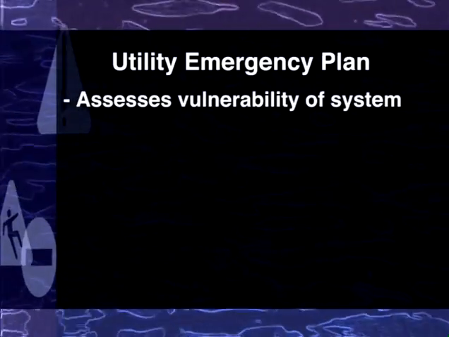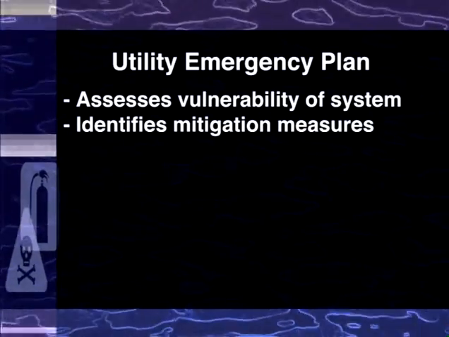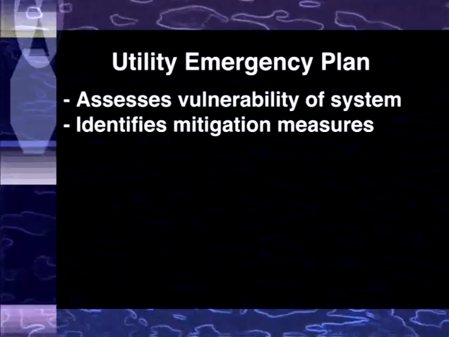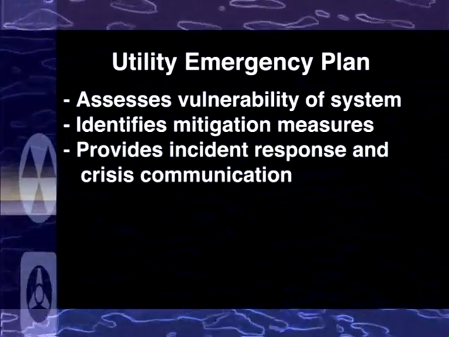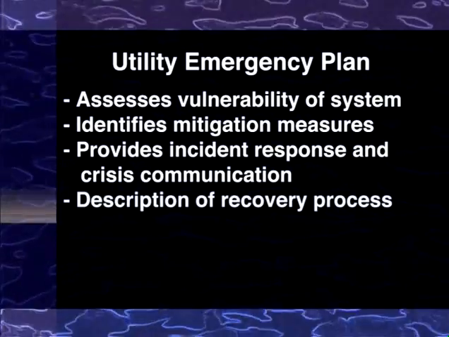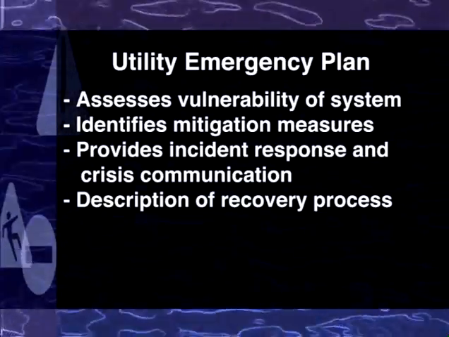An emergency plan assesses the vulnerability of the water system to potential threats, identifies mitigation measures to reduce or eliminate vulnerabilities and protect system assets, provides complete incident response and crisis communication procedures, and includes a description of a post-event recovery process.